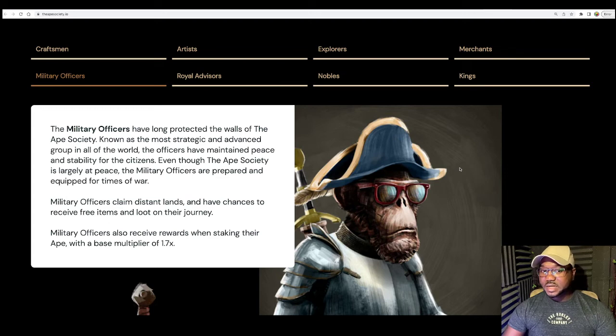Military officers claim distant lands and have chances to receive free items and loot on their journey. So they can loot stuff from other apes, I believe. I don't fully understand how the looting works, but obviously they can loot something. And then they have a base multiplier of 1.7.